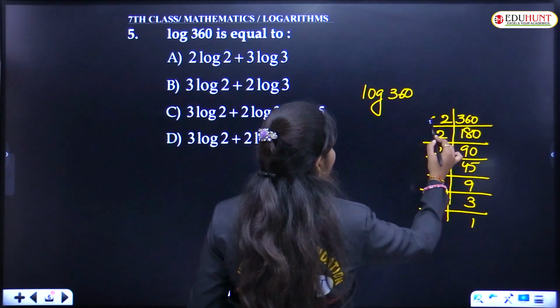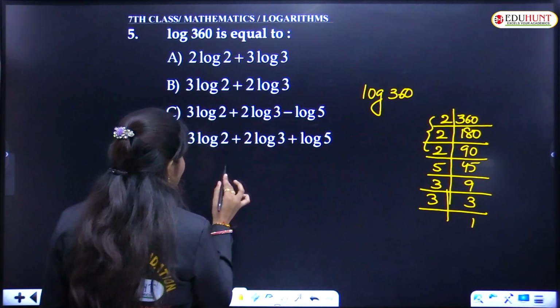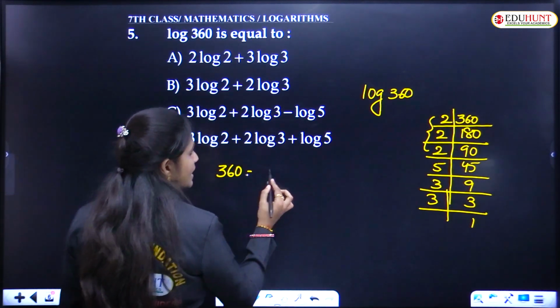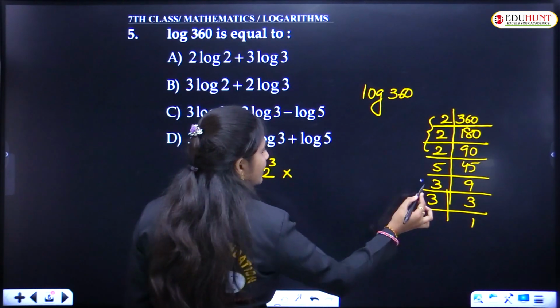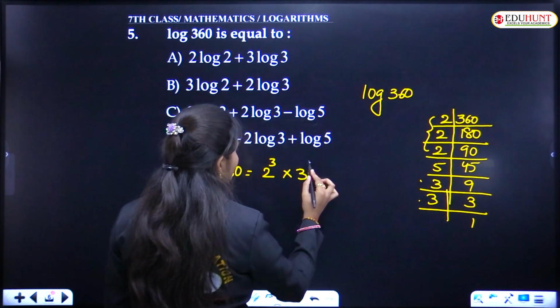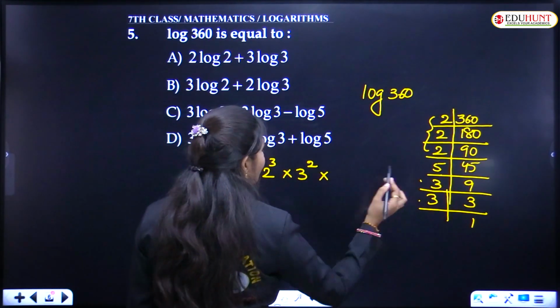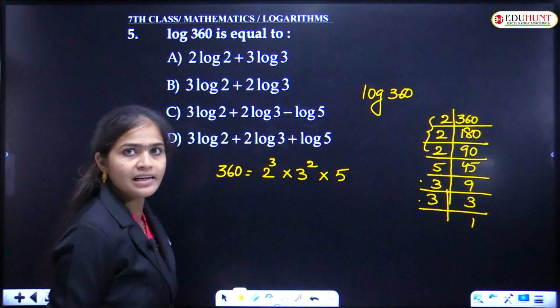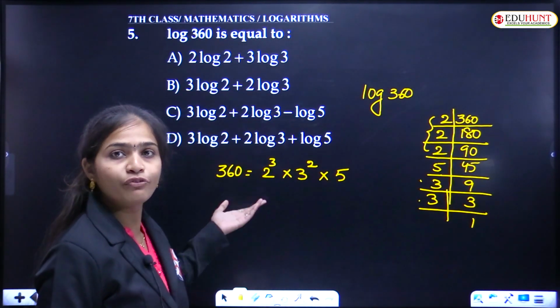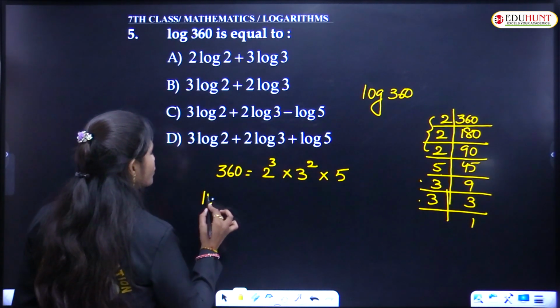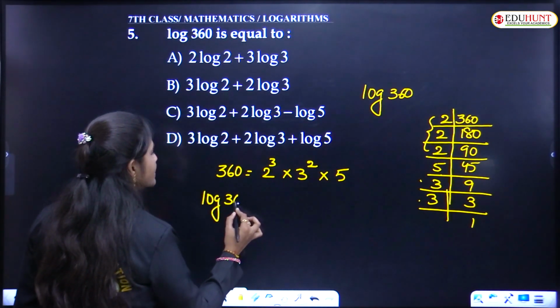So see here, we can write 360 as 2 cube into 3, how many times is it there? 2 times. So 3 square into 5. Actually this is the prime factorization of 360. Now we need to find the log 360 value, so apply log on both sides.